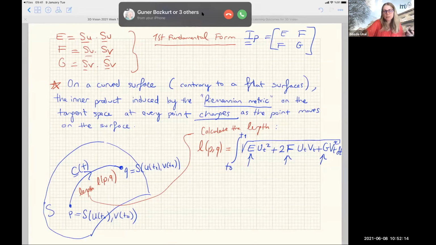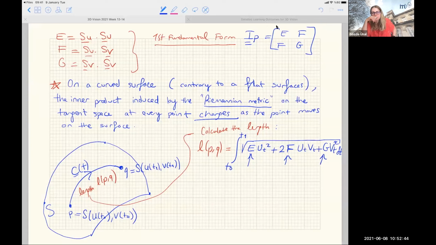All right, so this is how I would calculate length on the surface, joining two points on the surface, P and Q. So you see, the first fundamental form helps me measure that length.